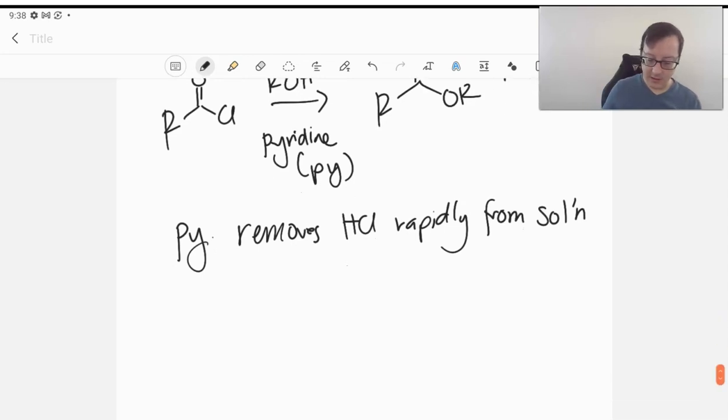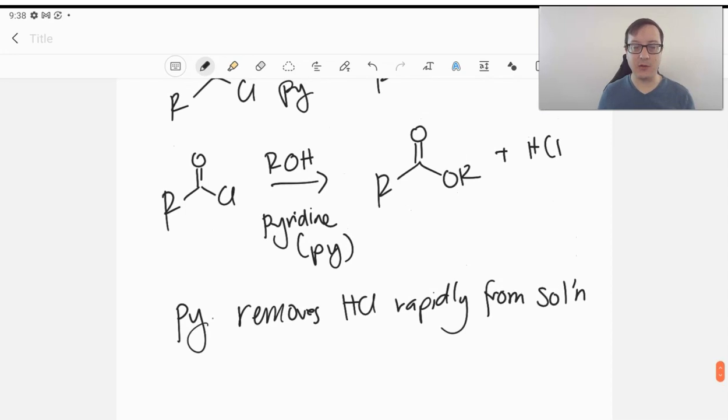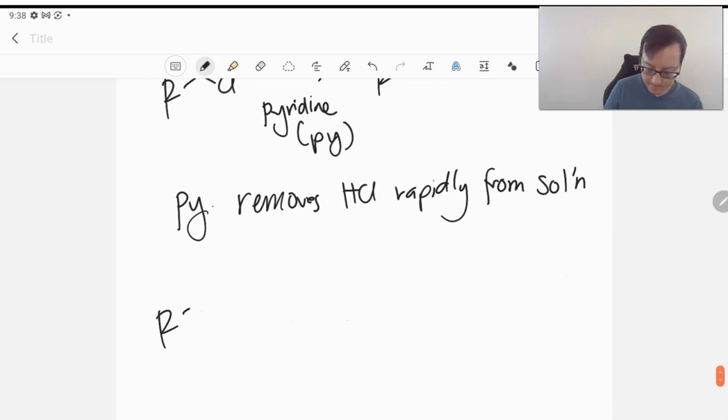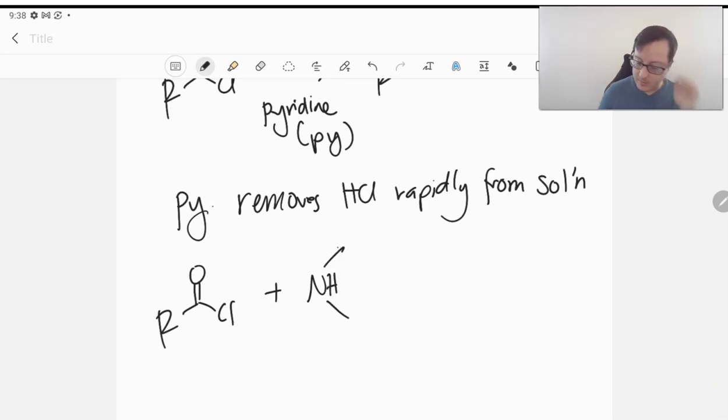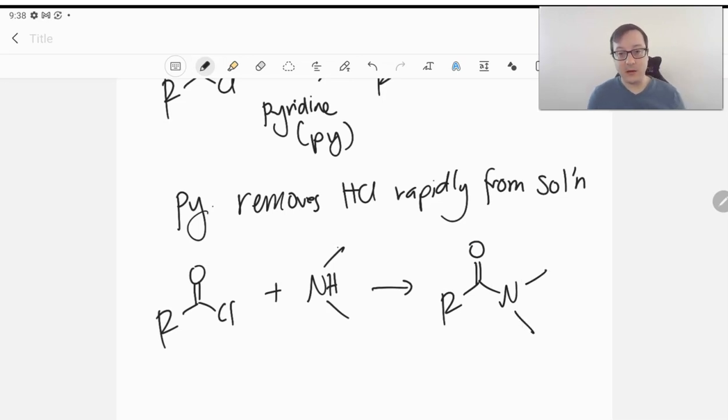All right, we can also use amines to form amides. If we take an acid chloride and react it with an amine, how about we use dimethylamine? What's important here is that in the first step, in this reaction, we're going to end up substituting in our amine.